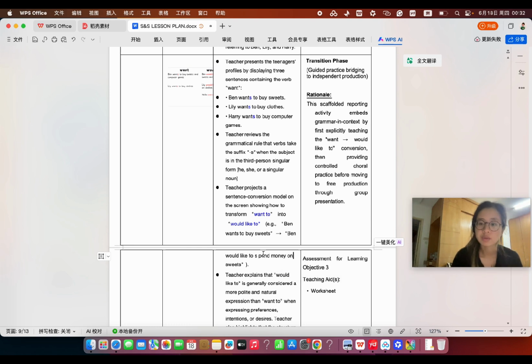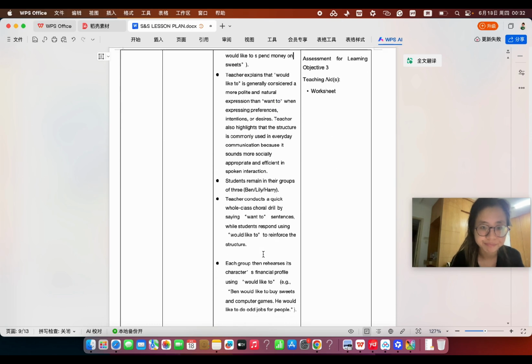The teacher explains that would like to is a more polite way of expressing desires or preferences in spoken English from a language perspective. Native speakers often prefer would like to because it is concise, socially appropriate, and commonly used in everyday communication.